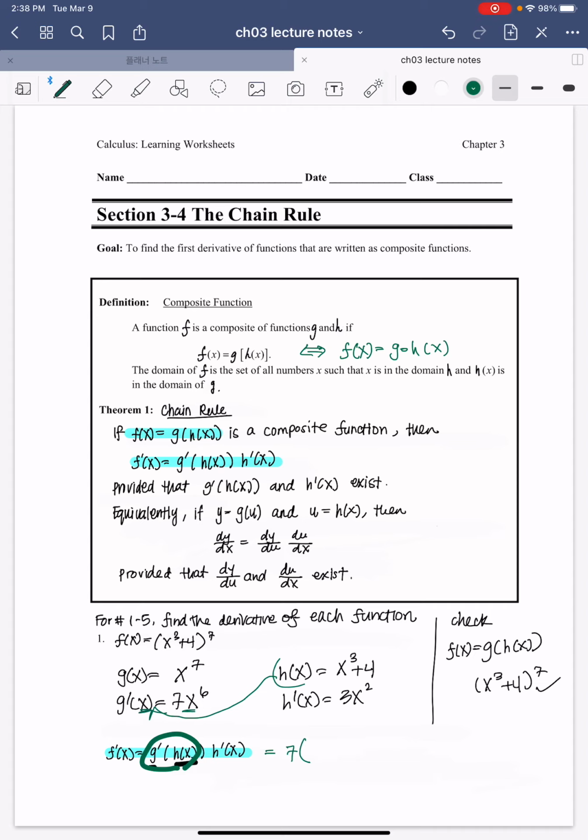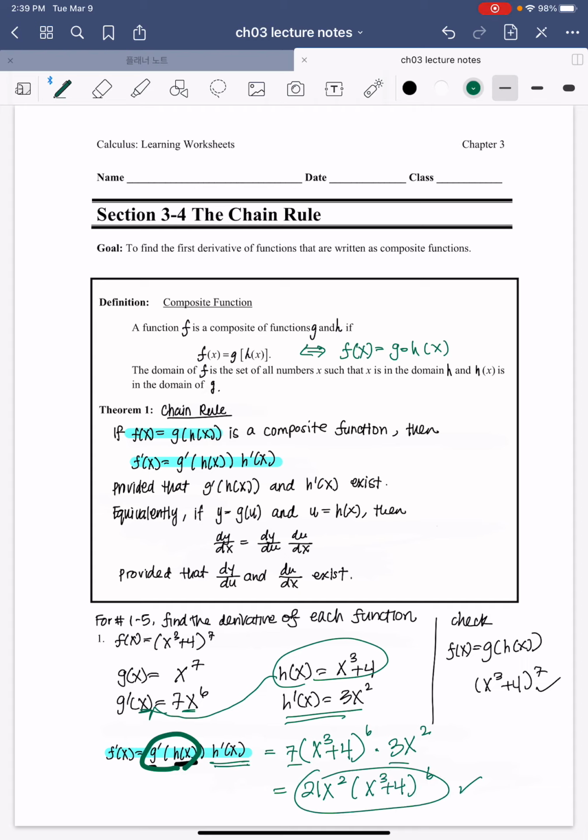I put this whole h of x, which is x cubed plus 4 to the 6th power, and then multiply h prime of x, which is 3x squared. You can multiply these two, so the final answer is 21x squared times x cubed plus 4 to the 6th power.